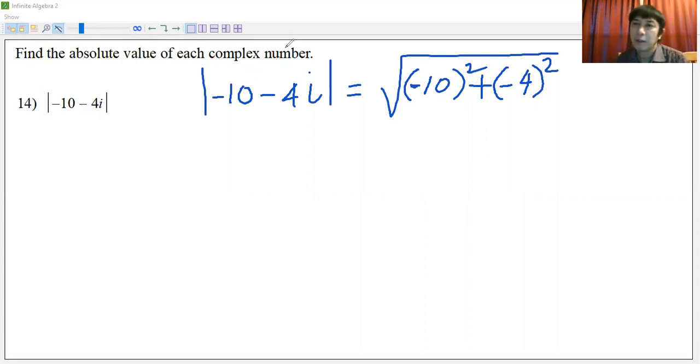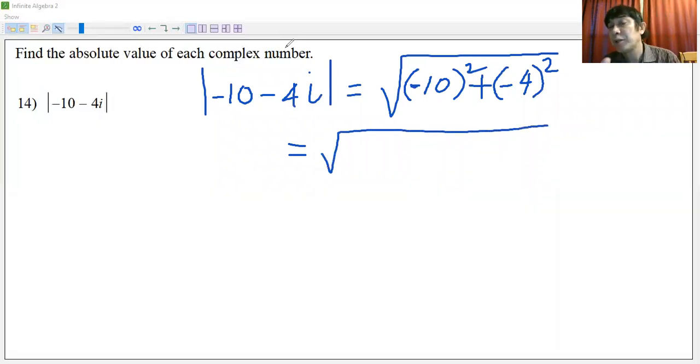Now, to make computation simpler, we can get common factors for each. Remember that 4 has a 2 because 2 times 2 is 4. Also, the 10 has a 2 because 2 times 5 is 10. So we can actually simplify our computations. Since when you square these numbers, negative 10 squared will be a positive 100, we can go into it as if there is no negative.